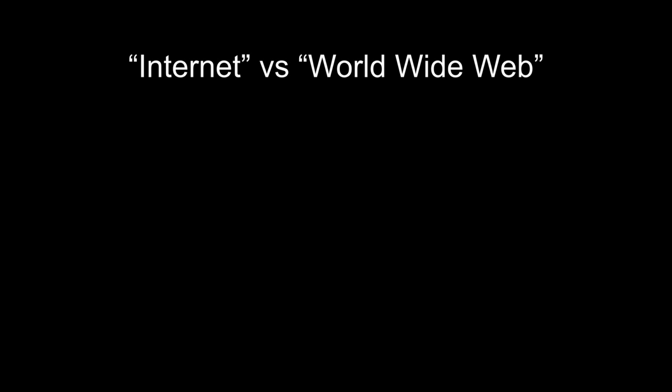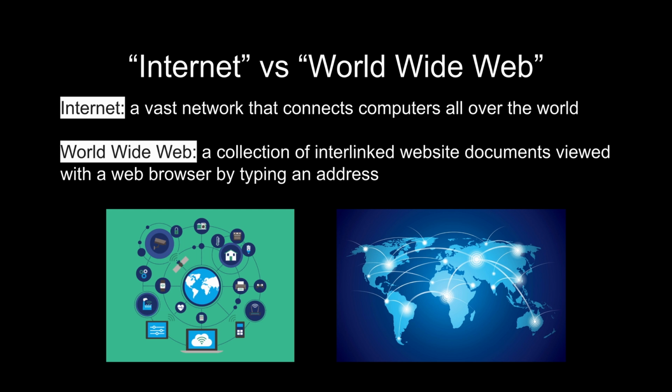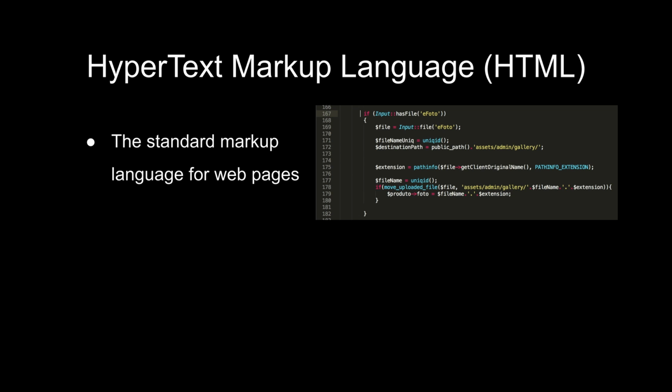However, the two terms refer to different ideas. The Internet is a vast network that connects computers all over the world. Meanwhile, the World Wide Web is a collection of interlinked website documents viewed with a web browser by typing an address. The Hypertext Markup Language, also known as HTML, is a standard markup language for web pages.